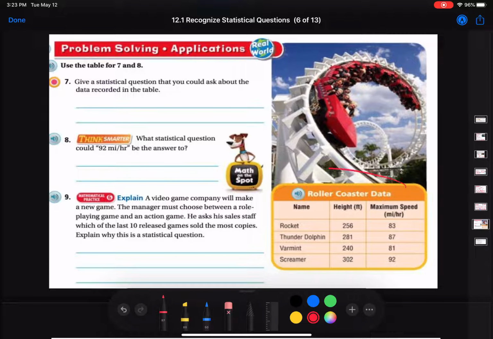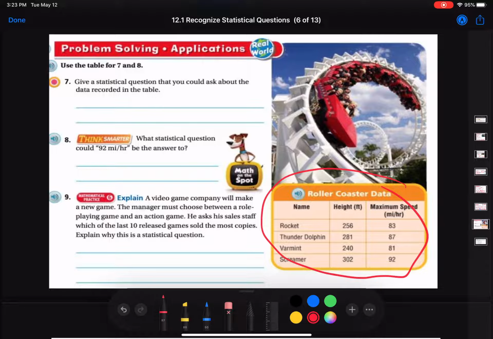And so we're going to be looking at this data here, the roller coasters. And it says, give a statistical question that you could ask about the data in the table. So you're looking at 4 different roller coasters. And so therefore, you're looking at different speed amounts, different height requirements.